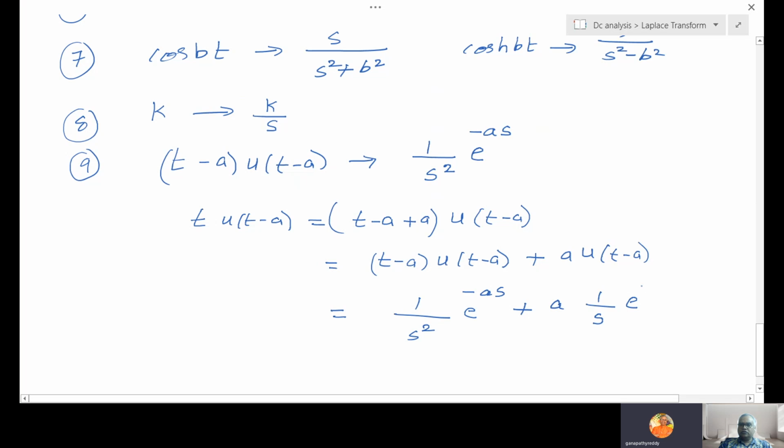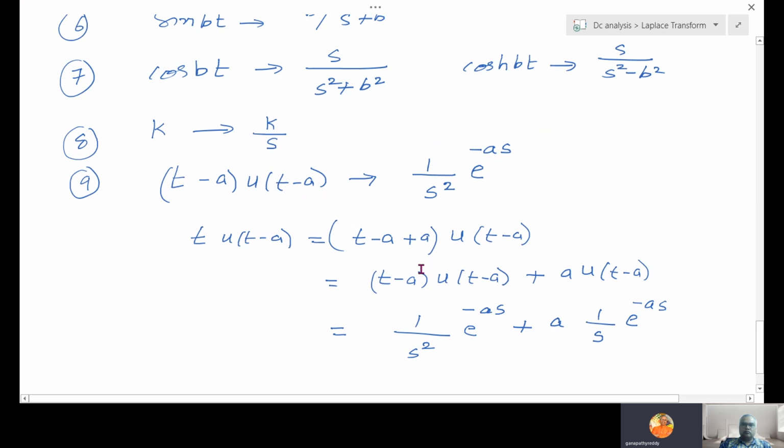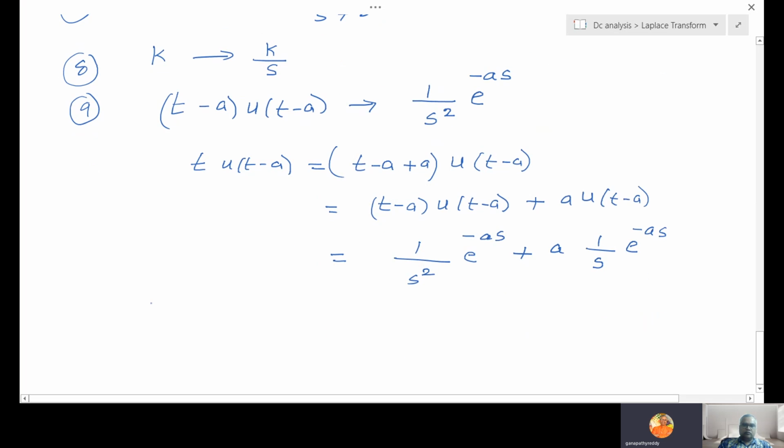E power minus as. So like that you should be careful. E power minus at sin b by (s plus a) whole square plus b square, using frequency shifting.